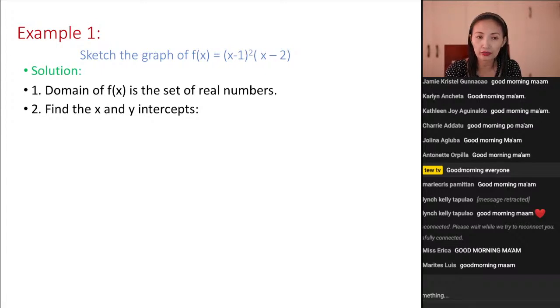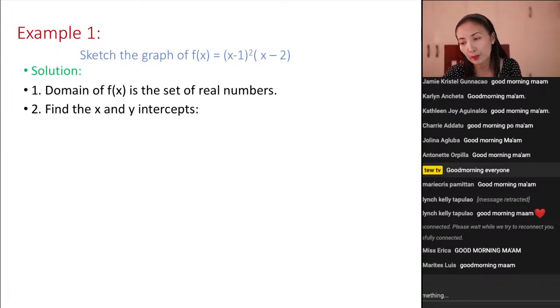Sketch the graph of the function f of x is equal to the quantity x minus 1 squared times x minus 2. Looking at the form of the function, what kind of function is it? Is it a rational function or a polynomial function?